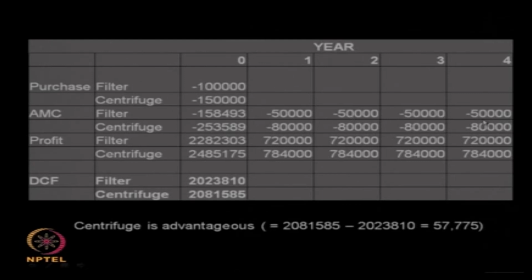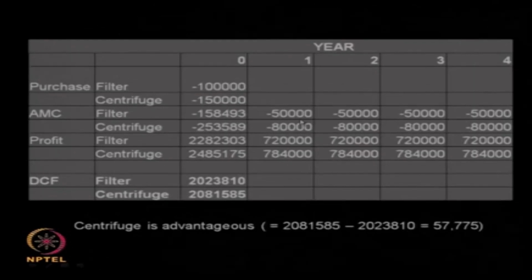In reality it changes, because when a car is new my maintenance is very little, but if the car becomes old I will spend a lot of money on maintenance. Normally maintenance cost will change, but here we have assumed it is the same over the years, agreed.